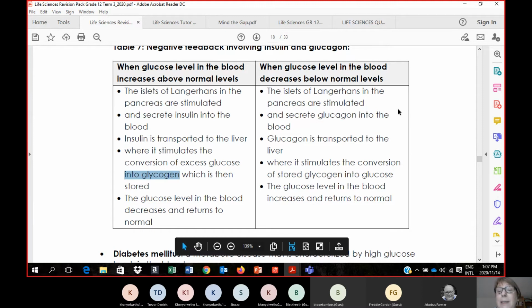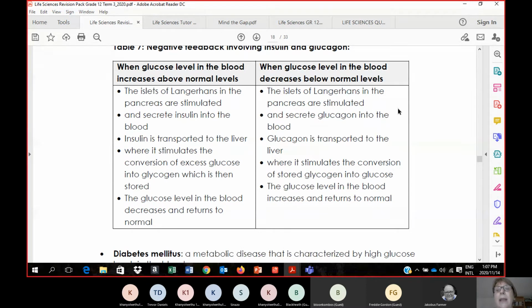And then just the opposite happens. Let's say you had your supper at 7 o'clock in the evening, and now you've had a Saturday morning and you've slept a little bit later, and it's now 9 o'clock and you haven't had breakfast. Obviously, your glucose levels will have dropped. And again, this is picked up by the islets of Langerhans in the pancreas, but now they produce a different hormone called glucagon.